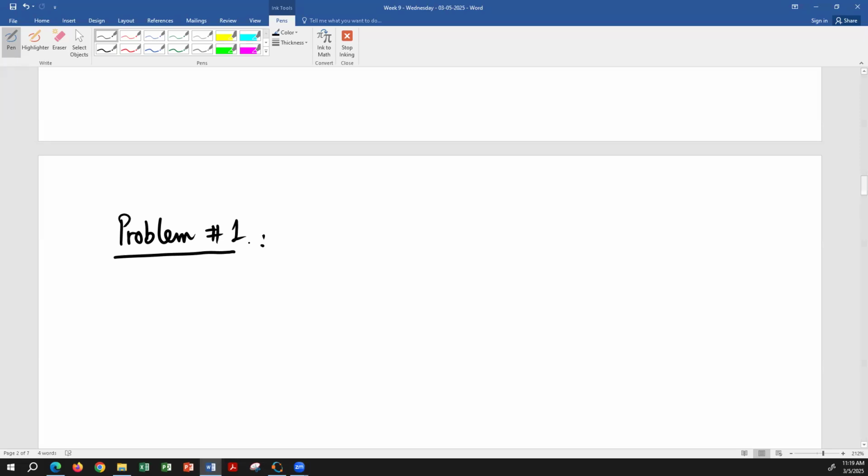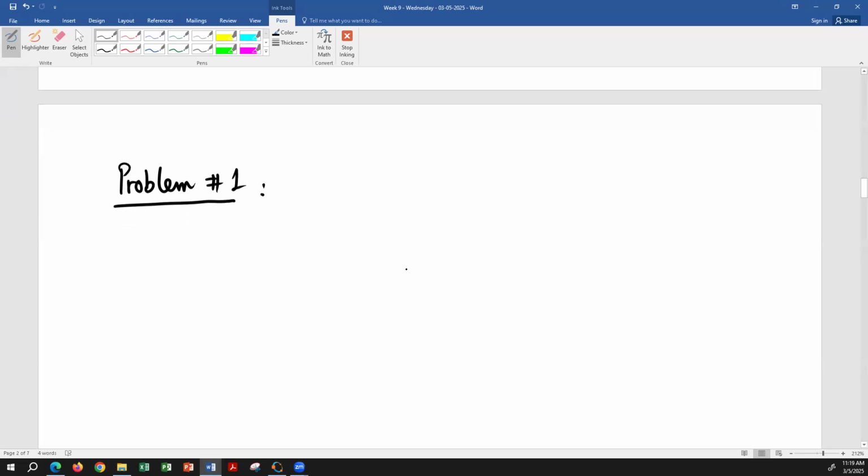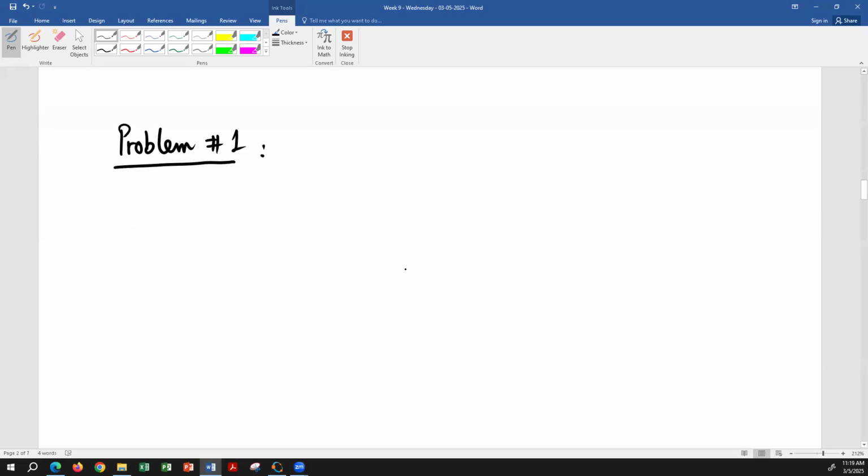Numerical manipulation of complex numbers, polar to Cartesian, Cartesian to polar. I expect that everyone should have that knowledge. So in case you don't have MATLAB or something, you're going to take more time. It's going to be time consuming, but at least you will have the knowledge of doing it correctly. And that's what I want, that if you don't have technology, at least you know how to do it.